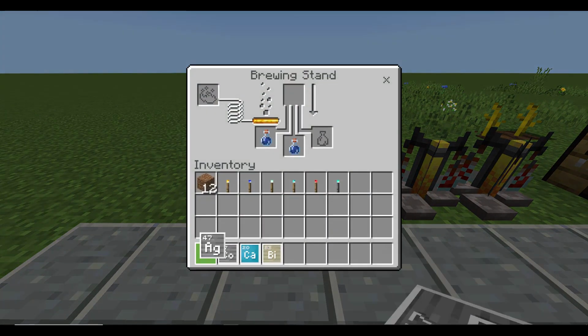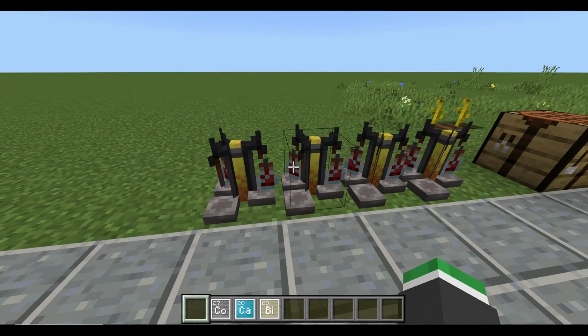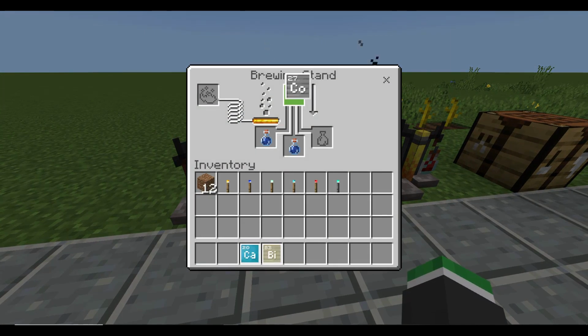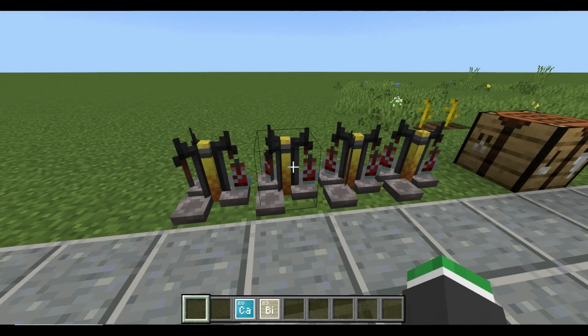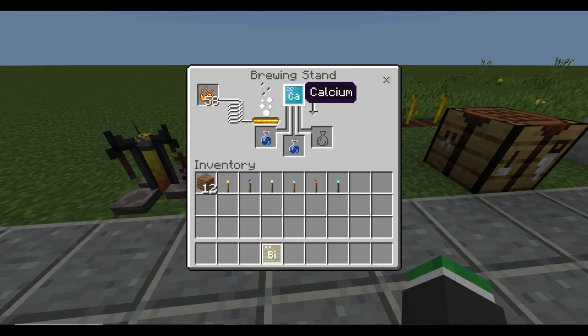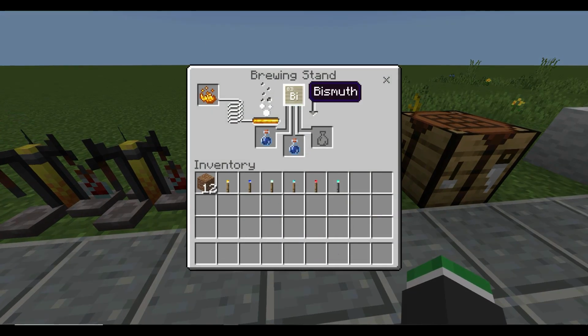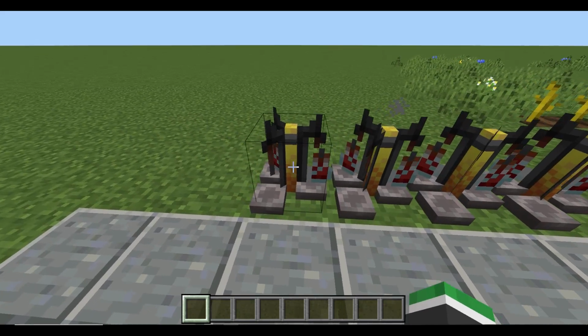So if you put silver in the brewing stand, you will get an antidote. If you put cobalt in a brewing stand, you will get elixir. If you put calcium in a brewing stand, you will get eye drops. And if you put bismuth in a brewing stand, you will get tonic.